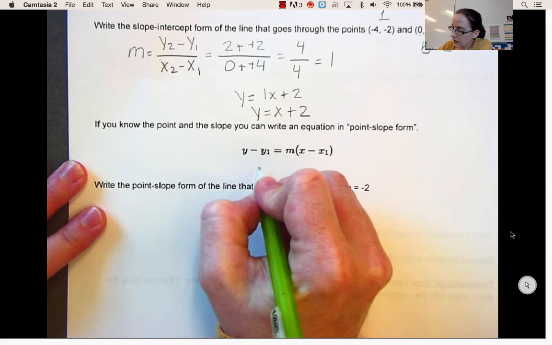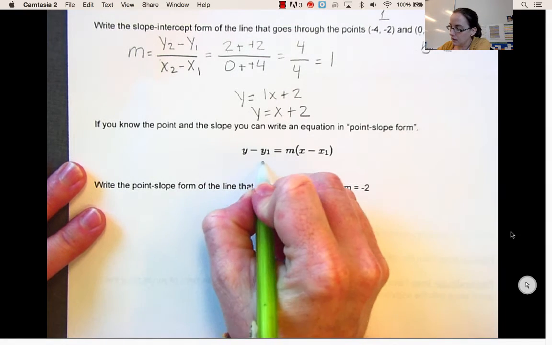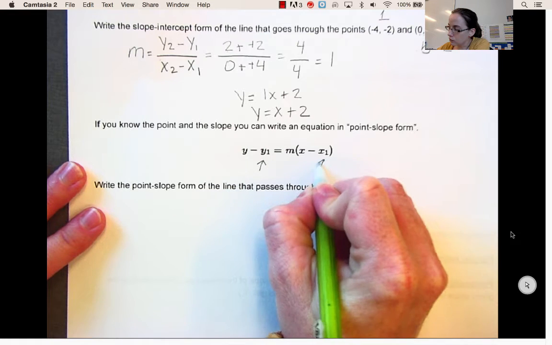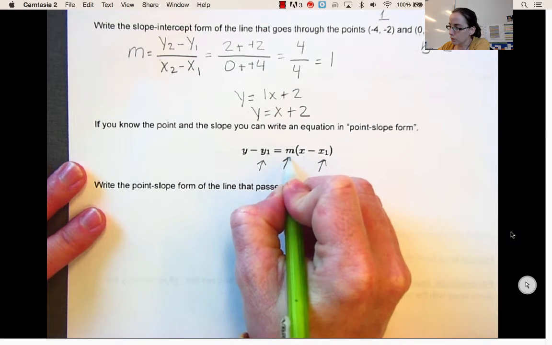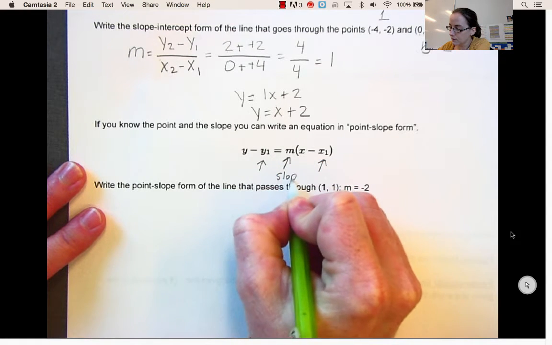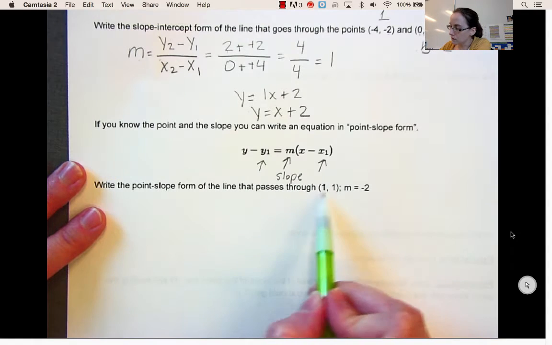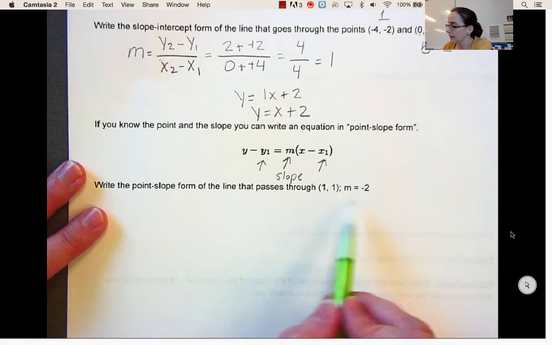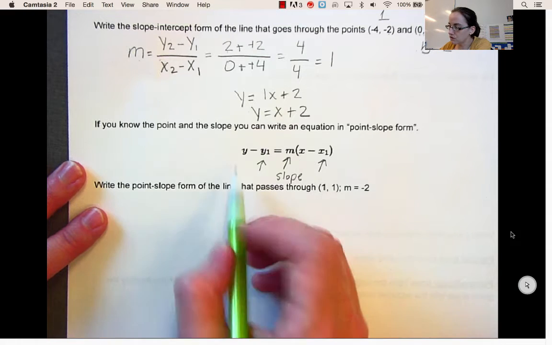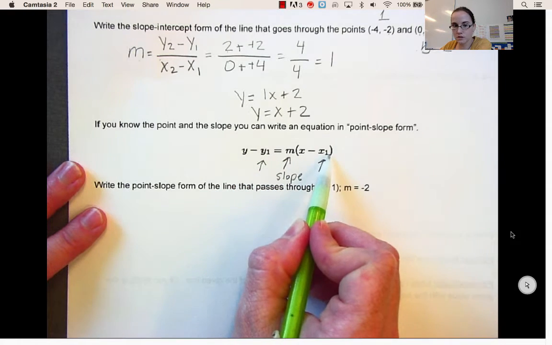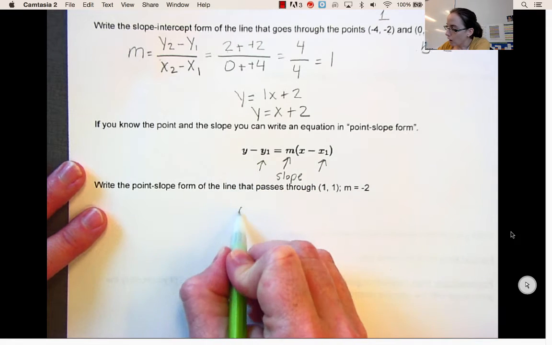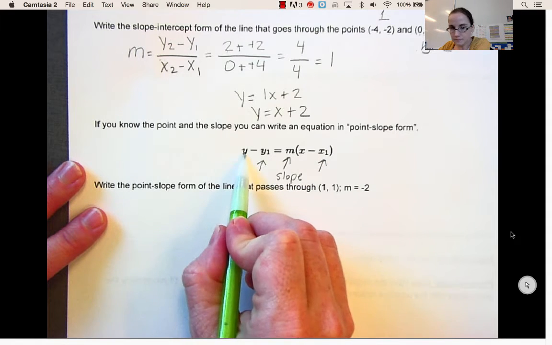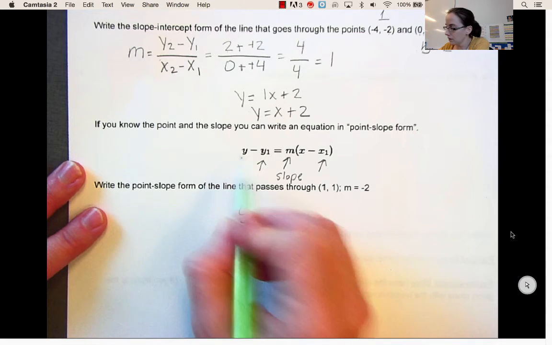You only plug in for point-slope formula in y1 and x1 and the slope. So in the case of this problem here, where we have a point 1, 1, and the slope is negative 2, I'm just going to fill in the information for this formula. Y stays the same. There's nothing to plug in there.